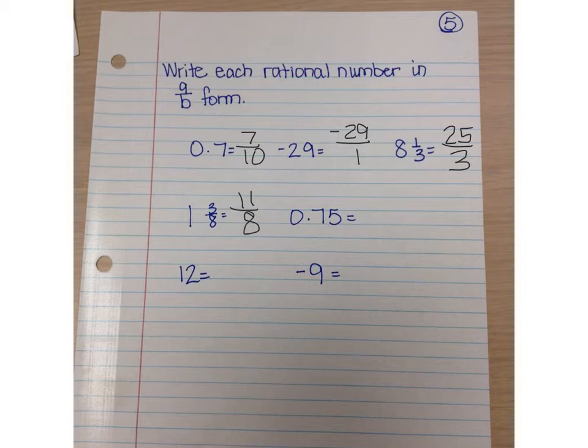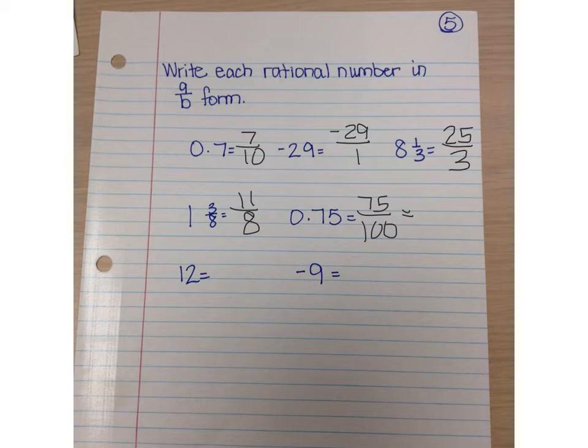The next one, if we were to read it mathematically, we would read 75 hundredths. So let's write that out: 75 hundredths, but that is not simplest form, and it's a good idea to always put them in simplest form. What is the greatest number that goes into both of those?